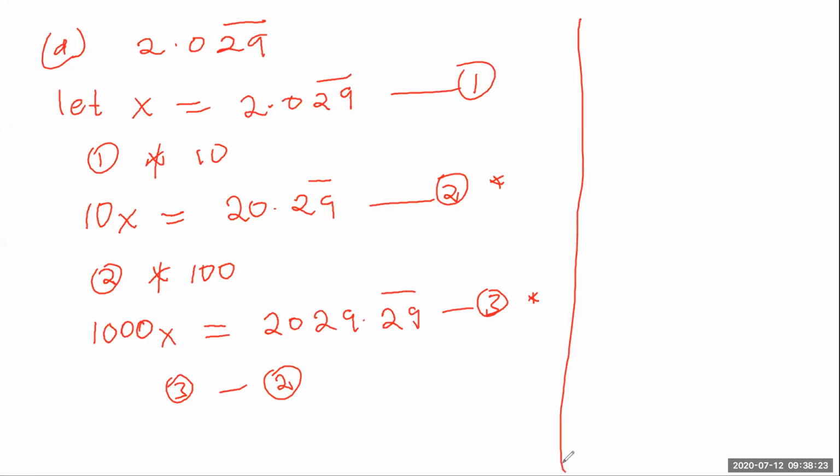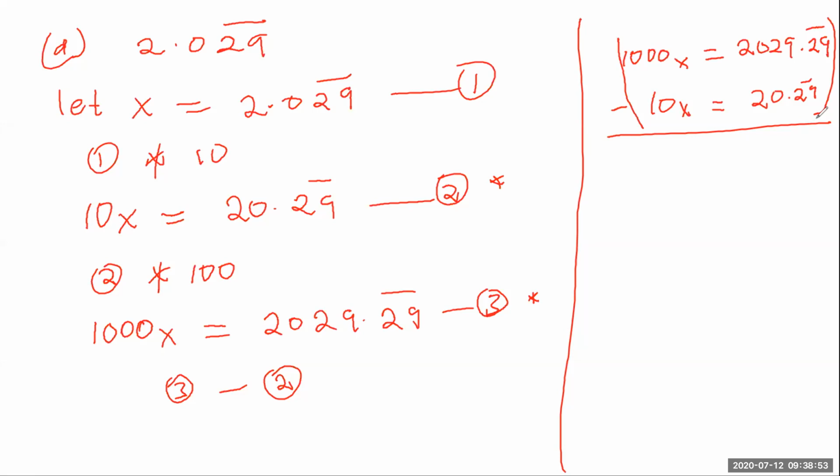And I'll do that towards my right. So I have 1000x is equal to 2029.29 repeating, minus equation number 2, which is 10x equals 20.29 repeating.